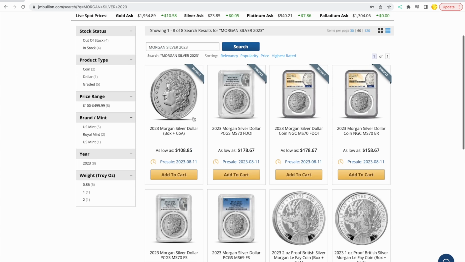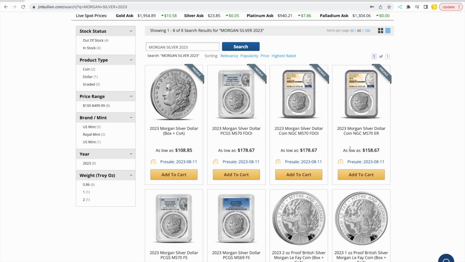Of course, those were 76 if you bought them directly from the mint. These will be the rejects that did not grade, in my opinion. You can buy a first day of issue for 178, cheaper on eBay, and you get that 3% discount if you use my credit card. 178. 158 for early release.